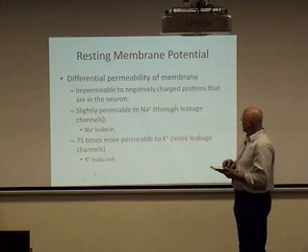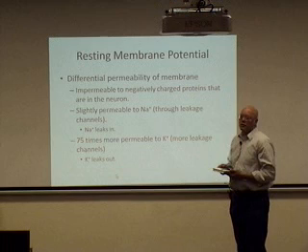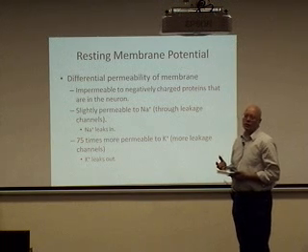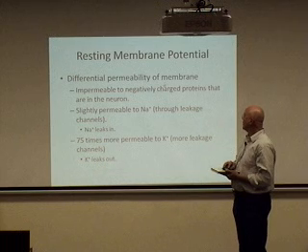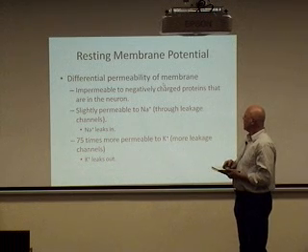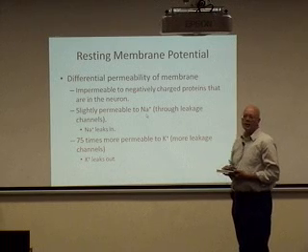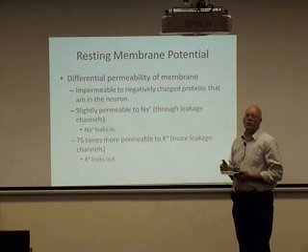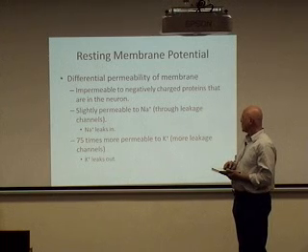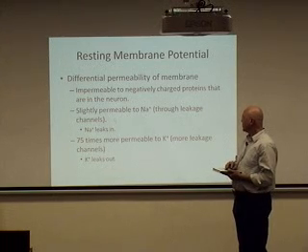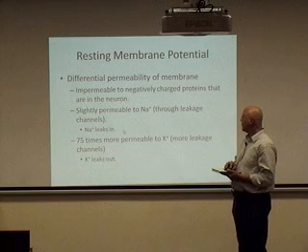At the same time, we have a differential permeability of the membrane, where the membrane is only slightly permeable to sodium through leakage channels, leaky channels that are constantly leaking, and sodium moves in at a very slow level.